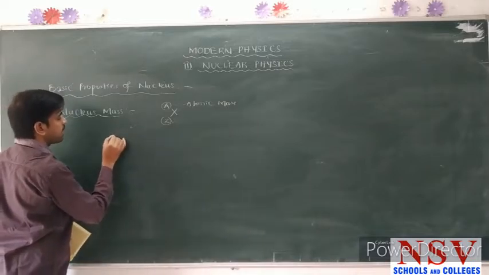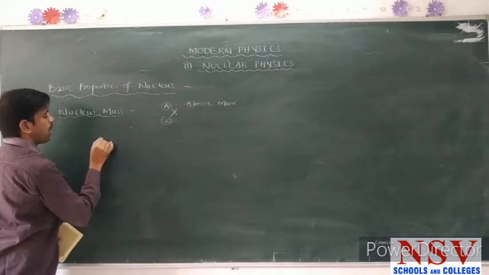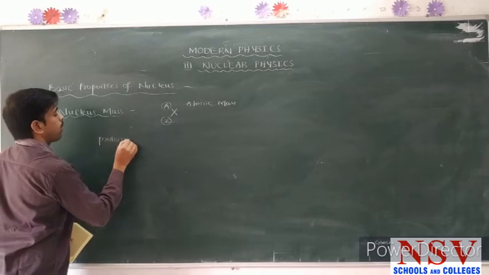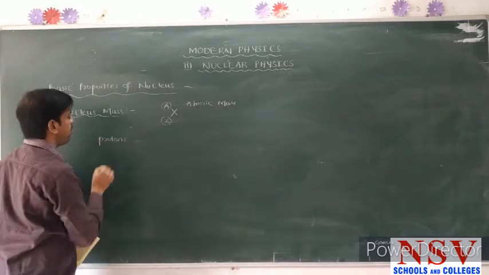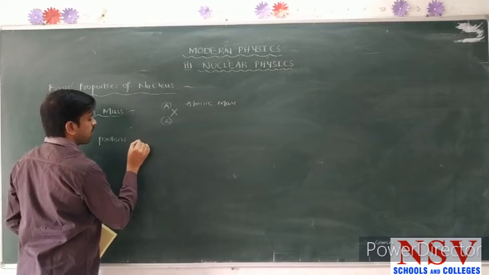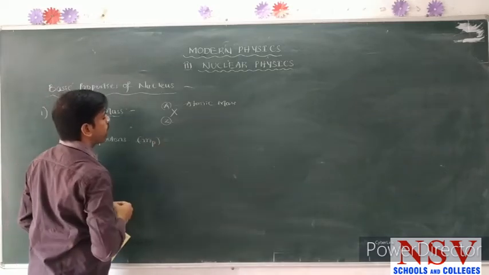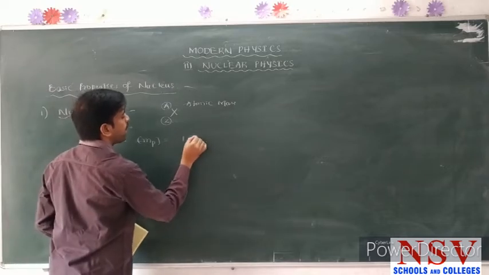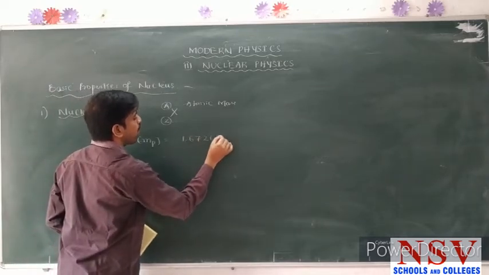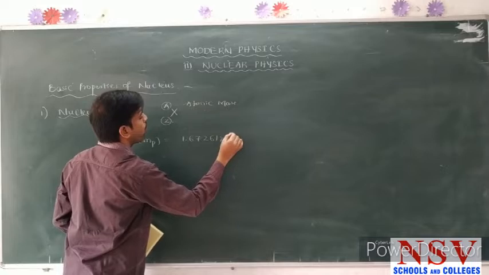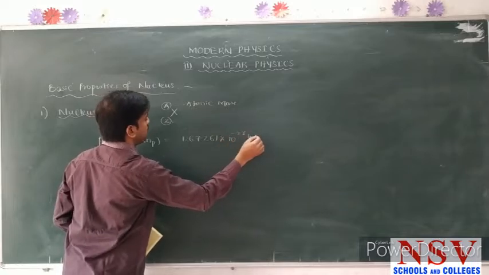Protons are positively charged, as we already know. The proton mass we denote as Mp. This value is approximately 1.67261 into 10 power of minus 27 kg.